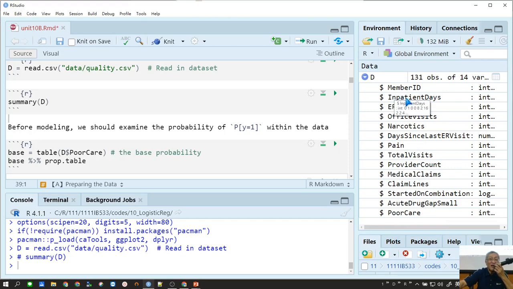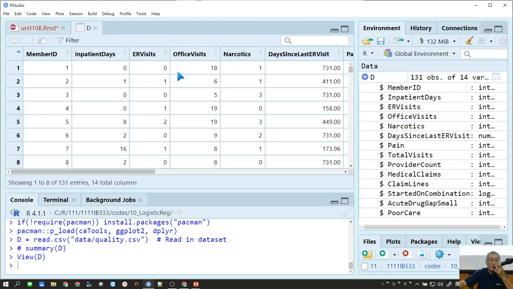I have the medical record of every patient. We don't have too much data, we only have 131 data points. For each of these patients, I have their medical records. The member ID is not useful because it's just the ID.